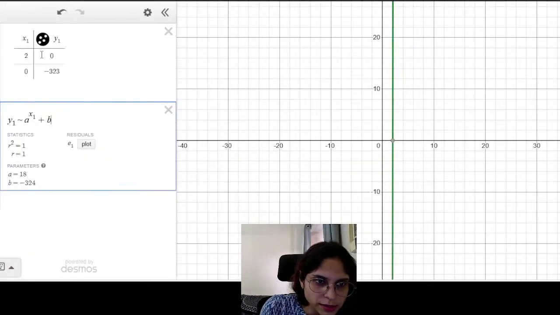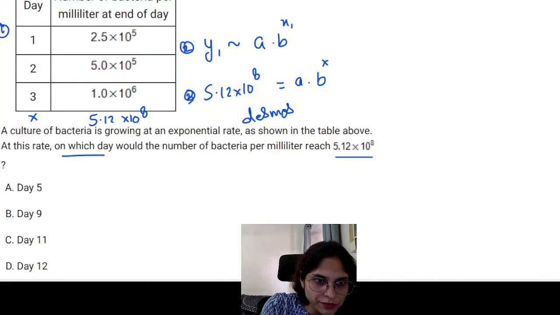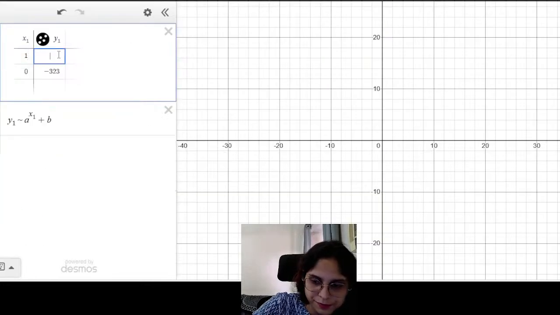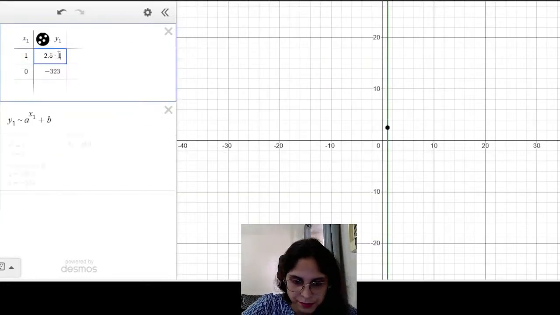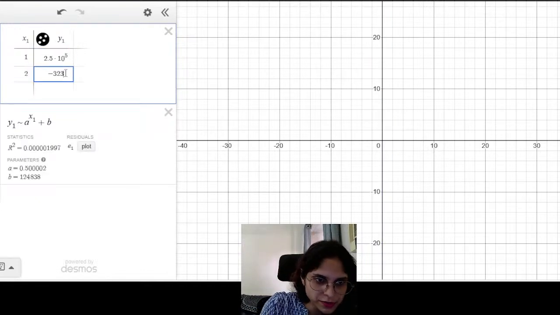So let's do that. In the table you have day 1, it is 2.5 times 10 to the power 5. On day 2 it is 5 times 10 to the power 5.